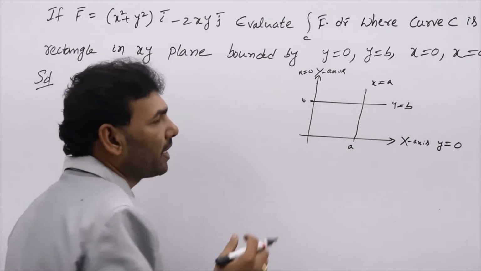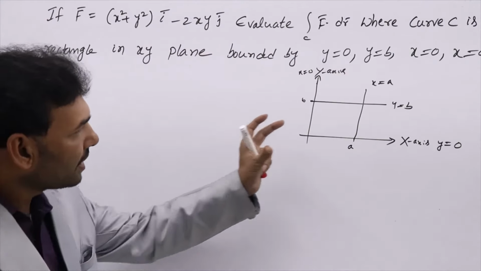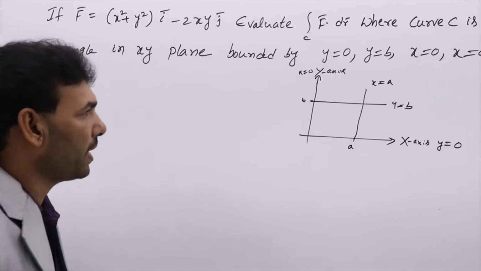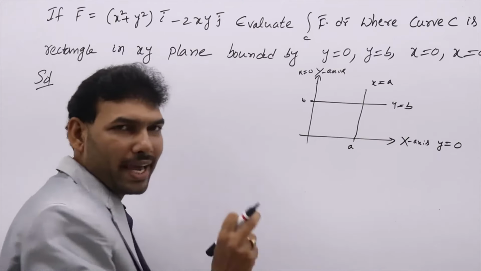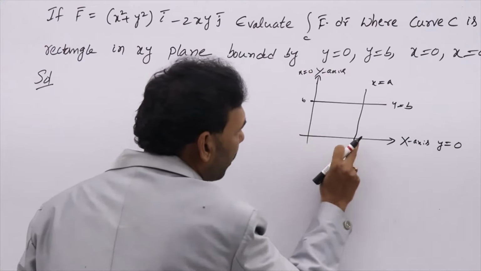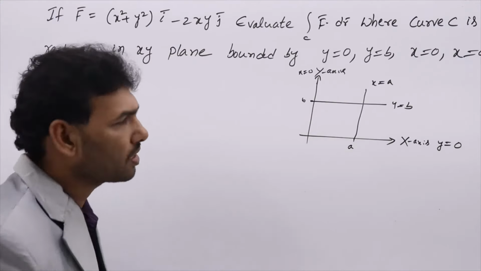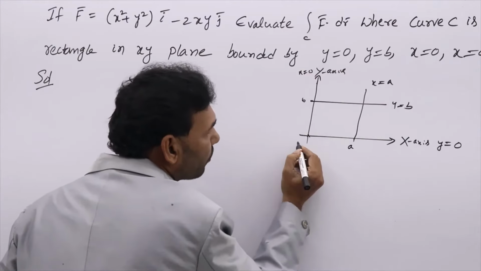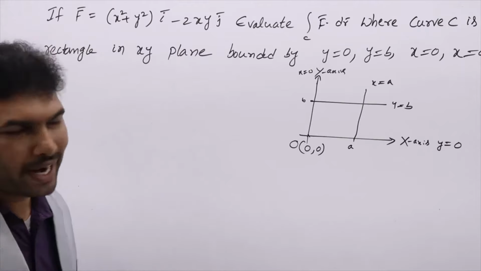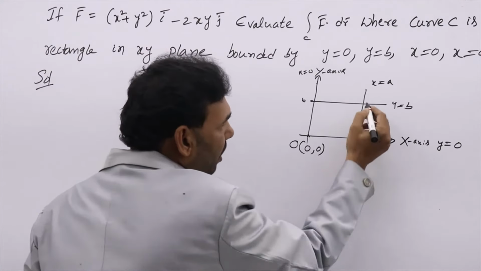This is the region of integration. In this region we need to evaluate the integral over C of f bar dot dr bar. But this region is not formed by one line segment. It is formed by 4 lines in 4 directions, like this. We call this one the origin, which is the 0, 0 point. This is on the x-axis.